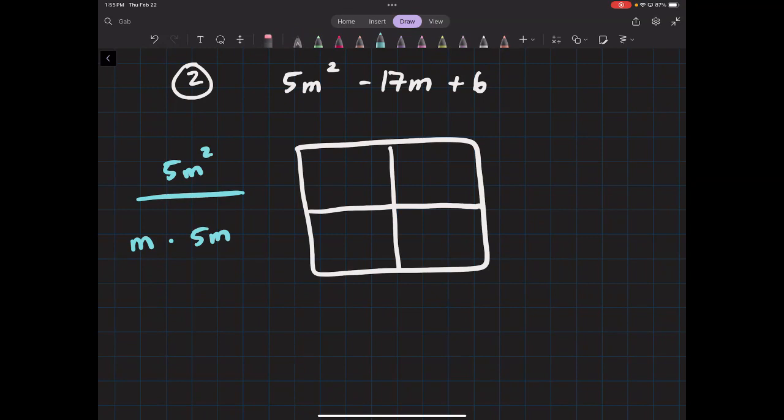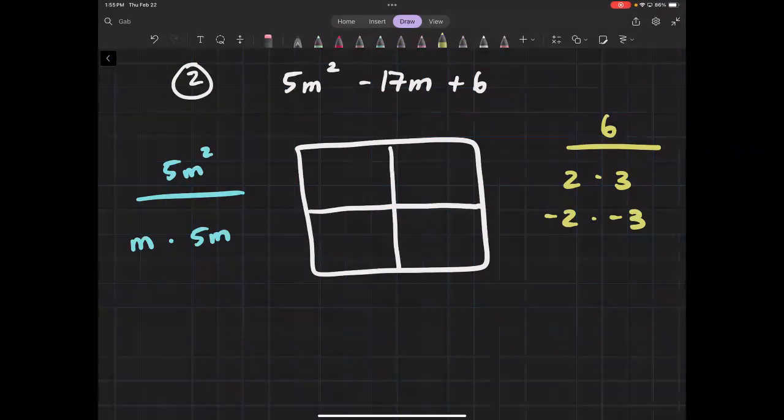Okay, for the 6. 3 and 2. Or -2, -3, or well, there's more just in case. 1 and 6, and then -1, -6. Okay.